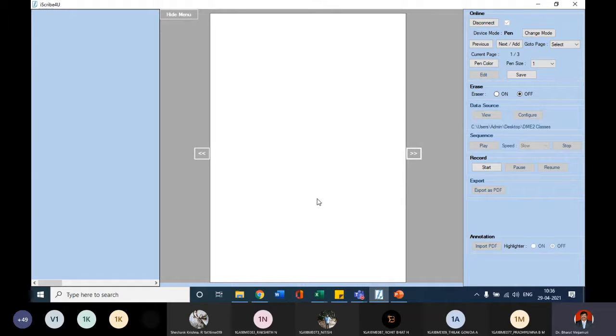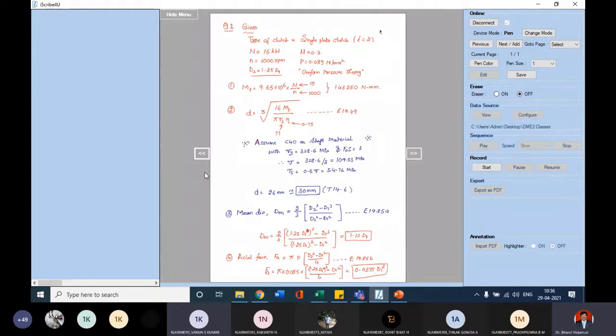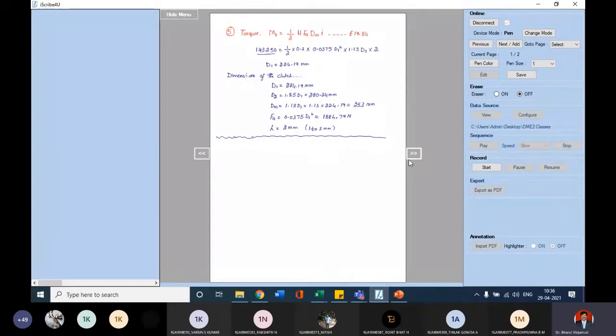Sir, how will we know when to take I is equal to 1? What happens is that the problem will clearly say that there is only one friction surface. Let me show you here what exactly would have happened. By default you take I is equal to 2, but when it is 1, I'll tell you.